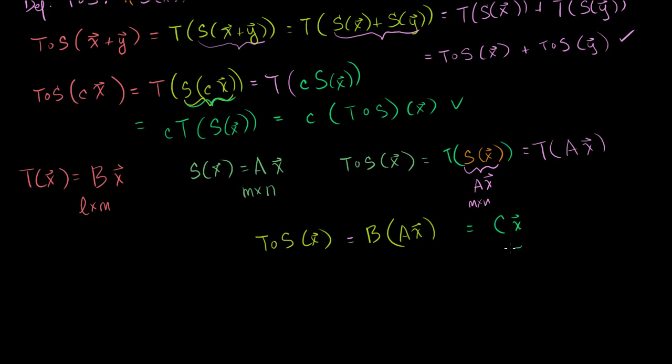And I know that this exists because this is a linear transformation. So how can we do that? Well, we just do what we've always done in the past. We start with the identity matrix, and we apply the transformation to every column of the identity matrix, and then you end up with your matrix representation of the transformation itself.